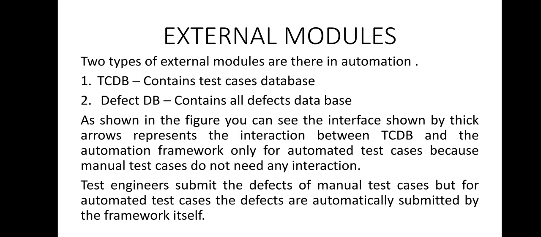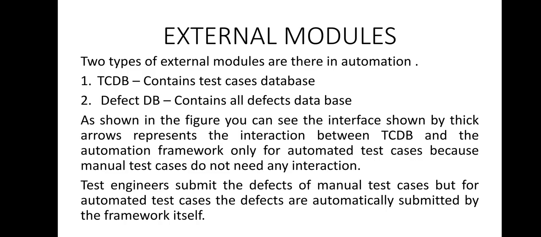In the test case database, everything related to test cases is available: when they were finalized, when they were executed, and other details about each test case. In this TCDB, both kinds of test cases are available, manual and automated, but we will talk only about automated test cases in this lecture because we are talking about software test automation.